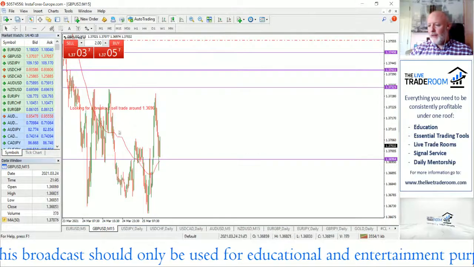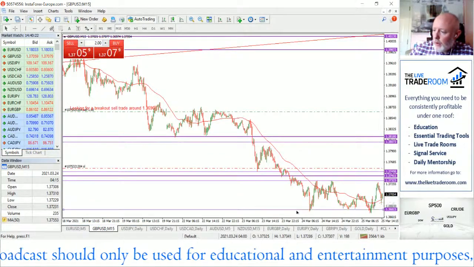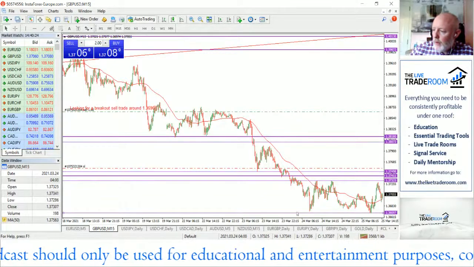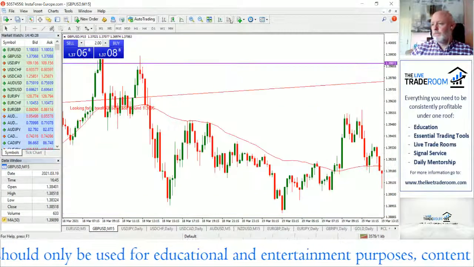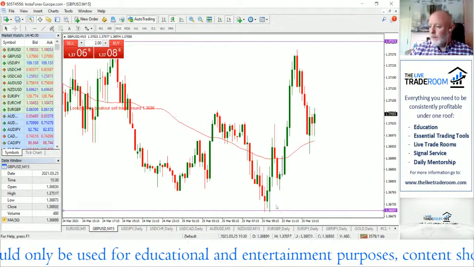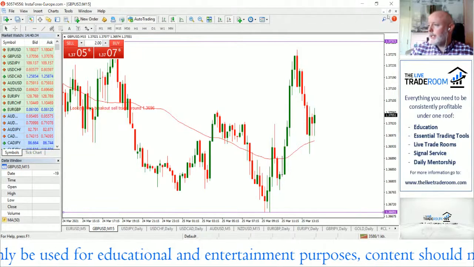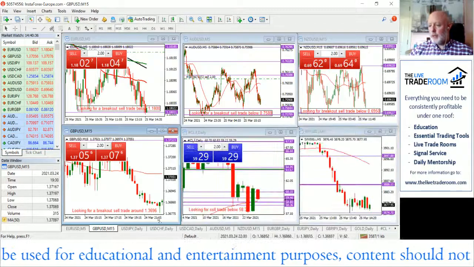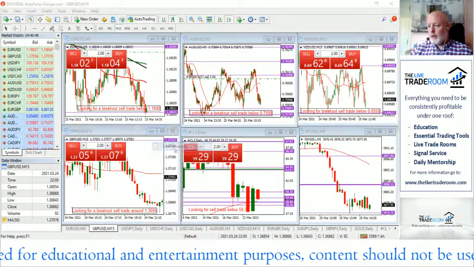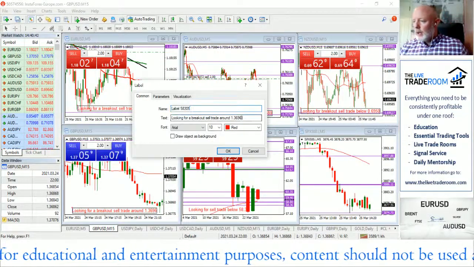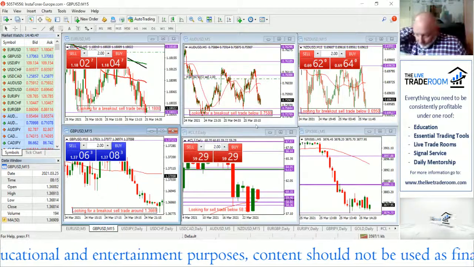Pound is kind of in a similar boat. It's below the 36.69. Let's put this in. 36.69 the other way around.